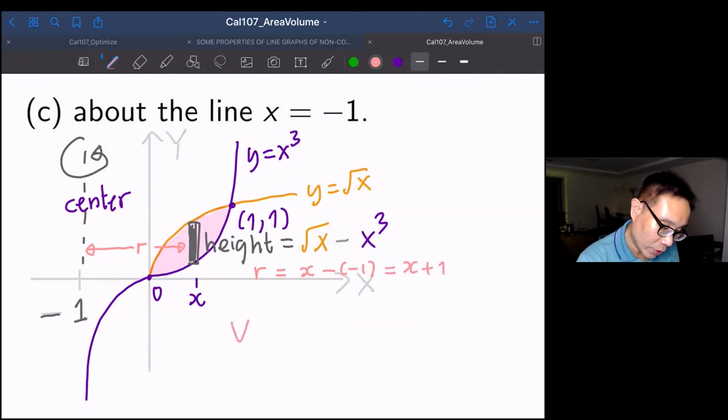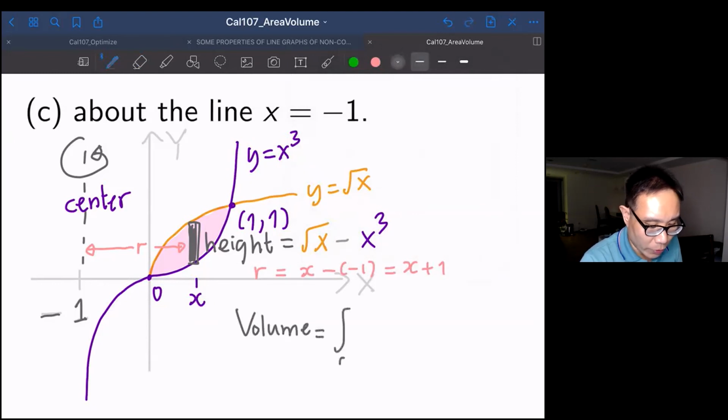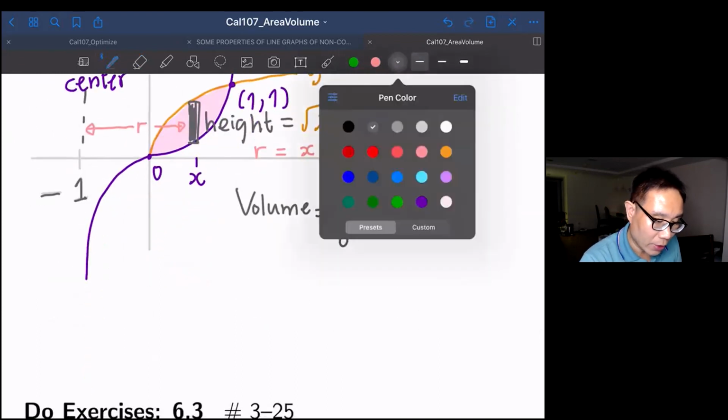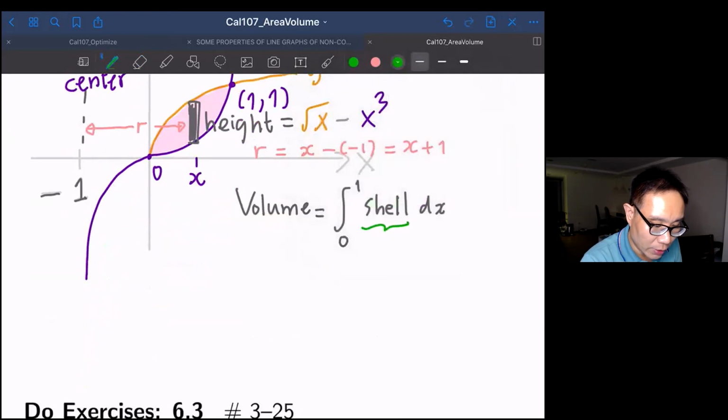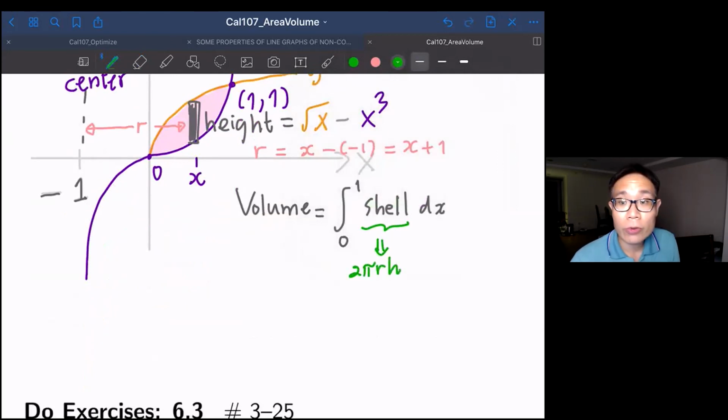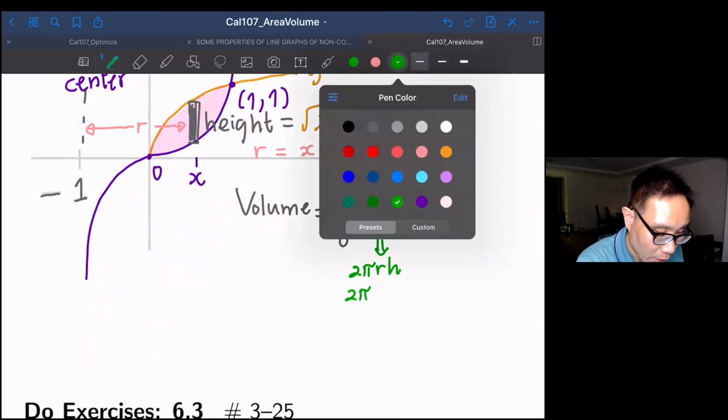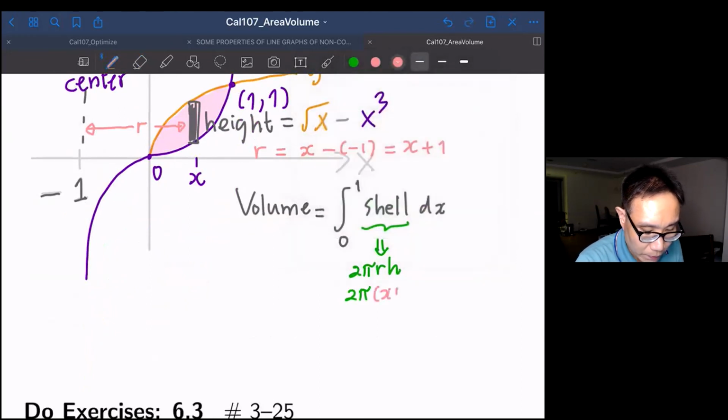And so the volume turned out to be the integral from 0 to 1 of the shell dx. And the shell in this case has the volume 2 pi r h, and it's going to be 2 pi, and for the radius you just put x plus 1.